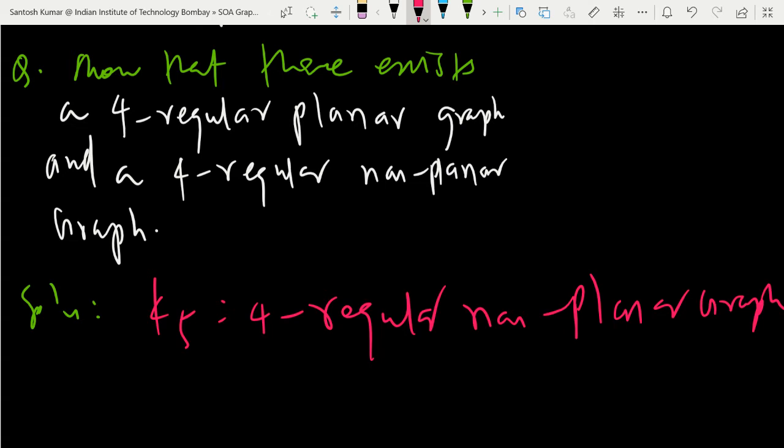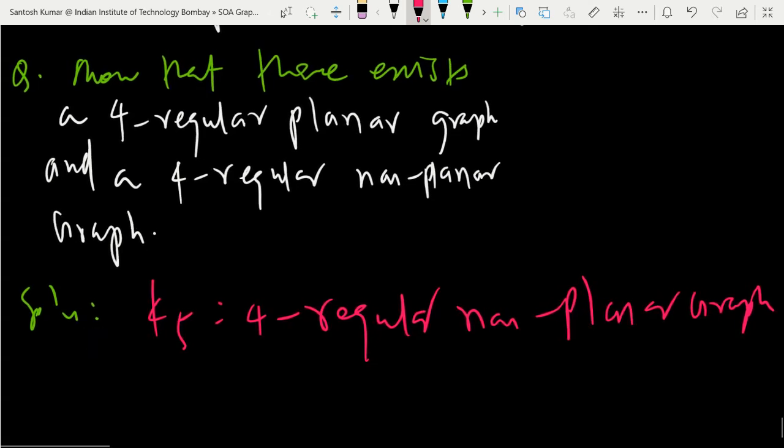What is the meaning of four regular? All vertices of degree 4. So you have to check. In K5 you can simply see all vertices have degree 4 and it is non-planar. So you know that already.